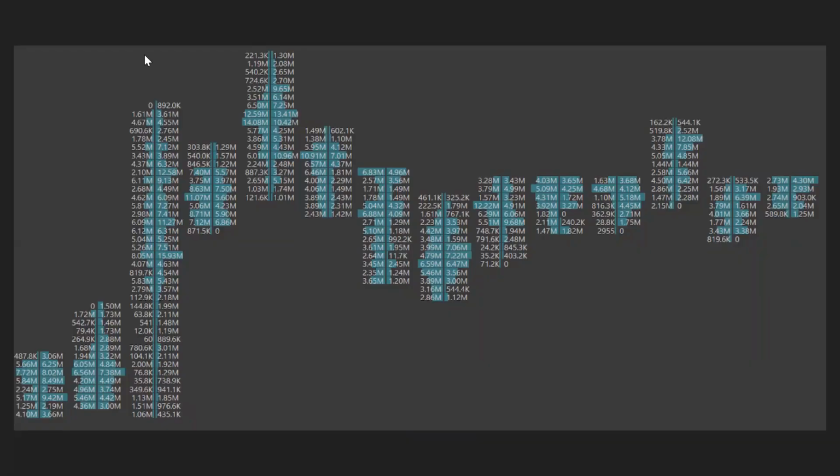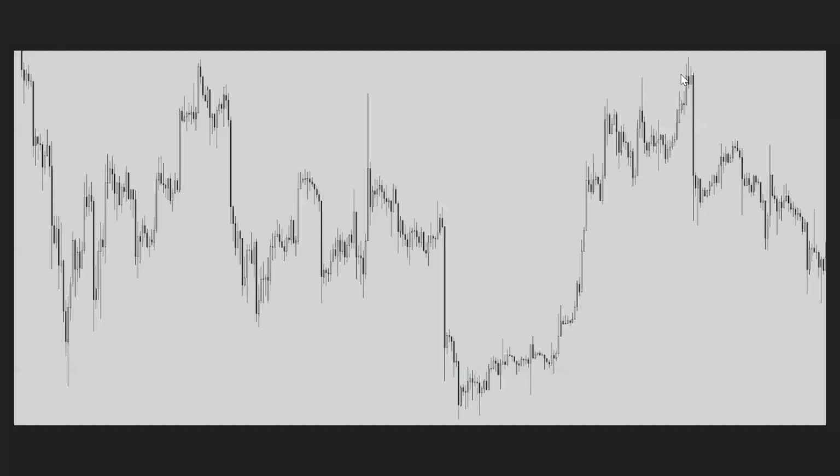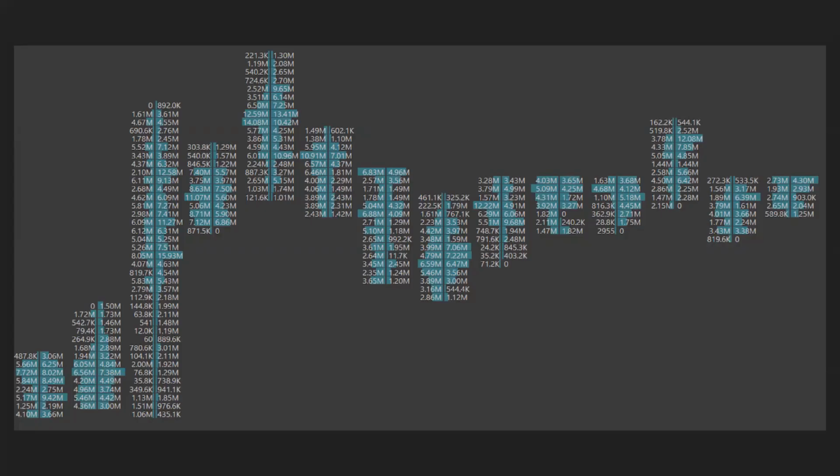What you've got here is just a 30-minute footprint, and this is just that consolidation up at the range high. Okay, we're up in here. And what's interesting to me here is the relatively high volume on the ask up in this candle here and in this candle here.